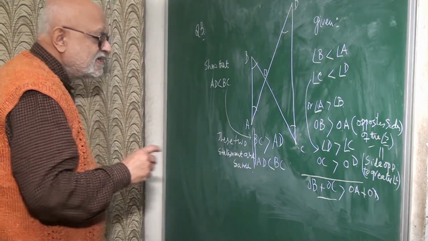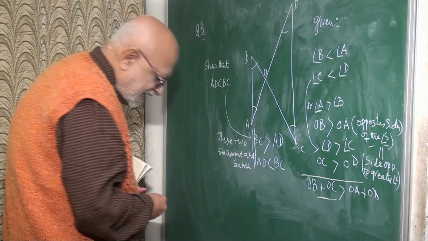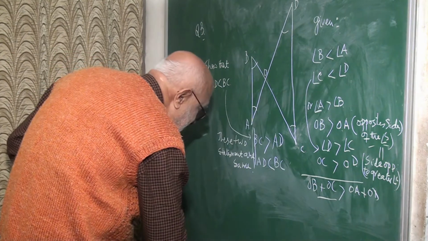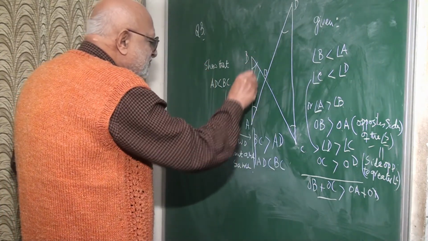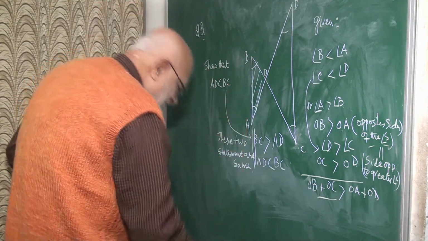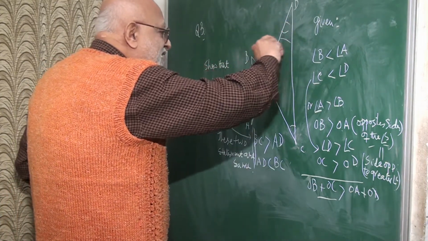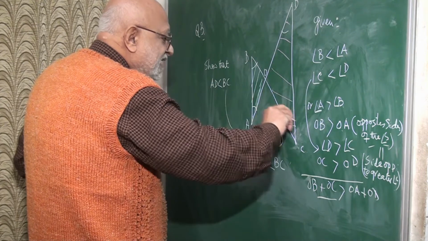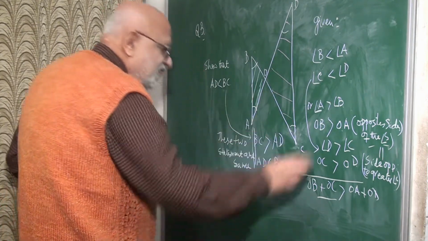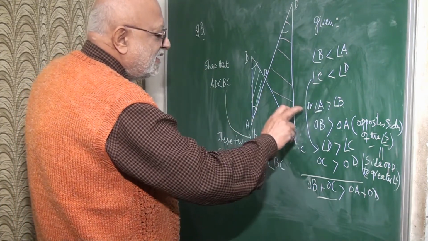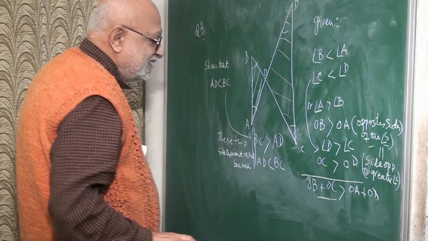Okay? Is there anything? Nothing? You take two different triangles. You start with this triangle because it is given. There is no other problem. Then you also start with this triangle and you take advantage of the inequalities in angles.